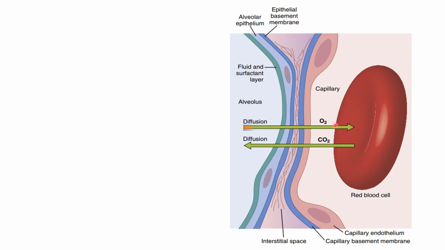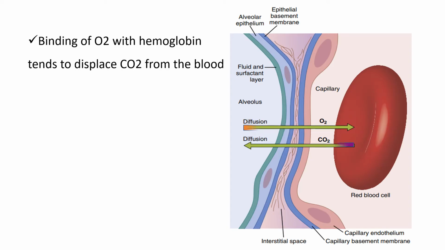As soon as hemoglobin binds with oxygen, it will displace the carbon dioxide which was present, and thus carbon dioxide is released from the hemoglobin. So in simpler terms, binding of oxygen with hemoglobin tends to displace carbon dioxide from the blood. This is called the Haldane effect.